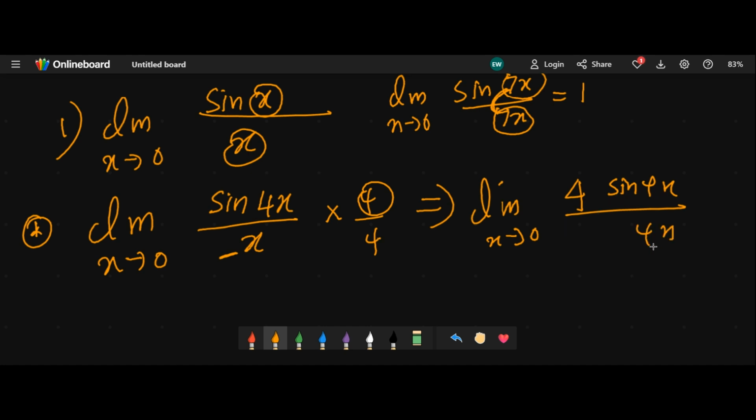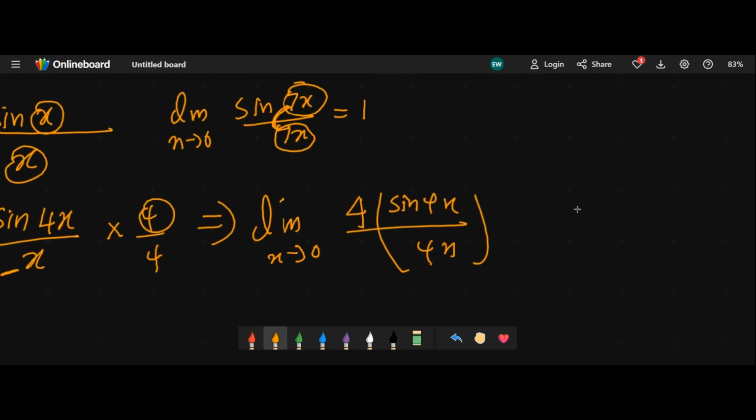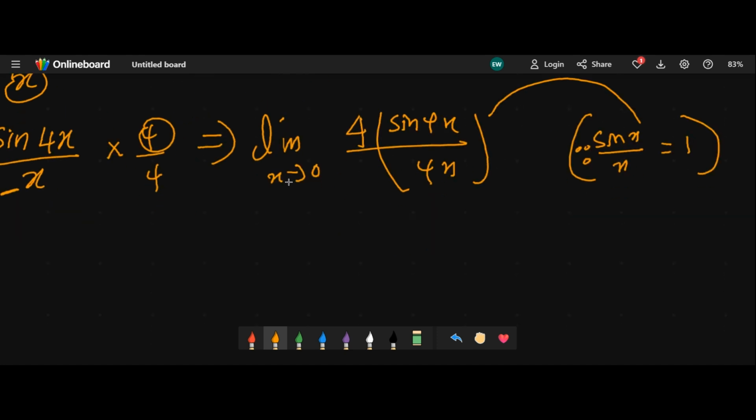Now you see sin 4x divided by 4x is 1. So in exams, if you get a question, surely write that sin x divided by x is equal to 1, because from that only you are getting this. So 4 into the value of this, which is 1, so 4 into 1 is 4. The answer is 4.